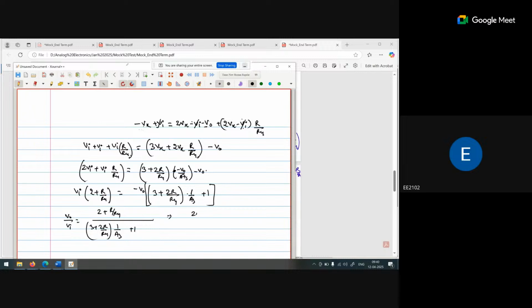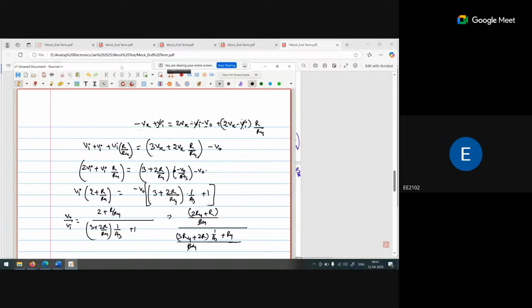If I solve it, so 2R4 plus R divided by R4 in the numerator, and the denominator is 3R4 plus 2R by R4, into 1 by (As plus R4). So these R4 and R4 cancel out.